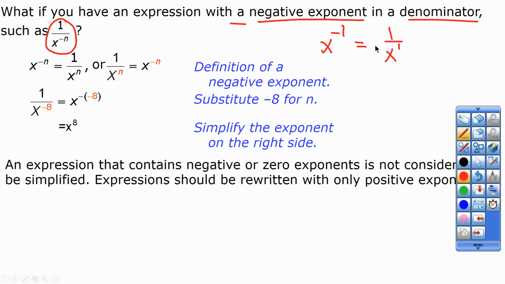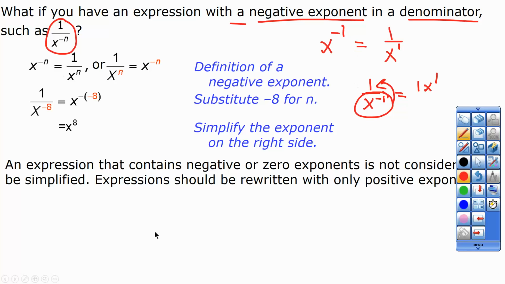Well, the same way that we did this, we are going to do that here. So if you have 1 over x to the negative 1, this thing on the bottom goes to the top. So it will be 1 times x to the negative 1. Or not to the negative 1, excuse me, to the positive 1.